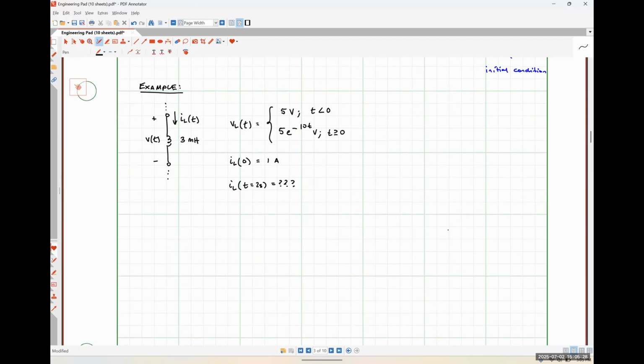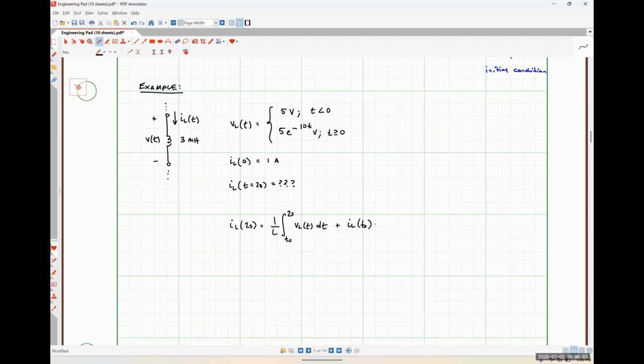So putting all of this together, IL of 2 seconds is going to be equal to 1 over L times the integral from t naught to 2 seconds of VL with respect to time plus IL at t naught.